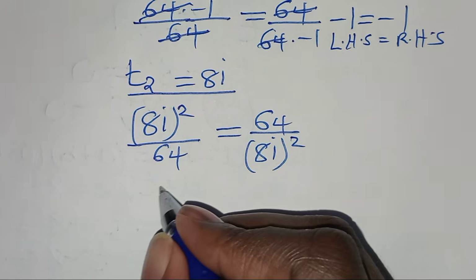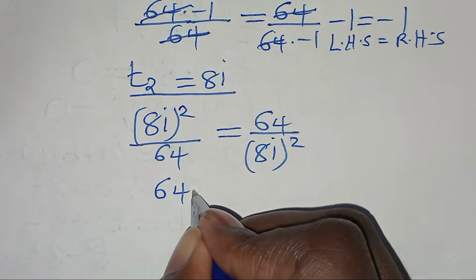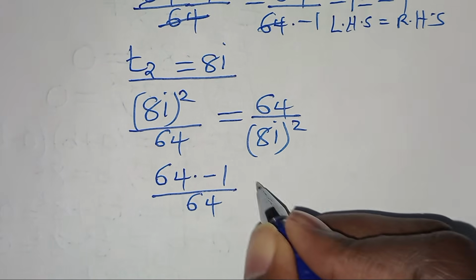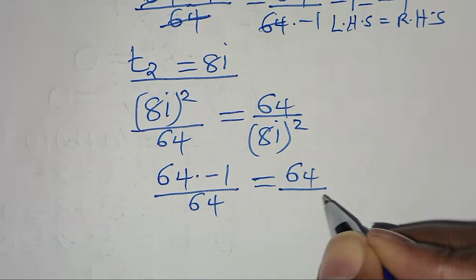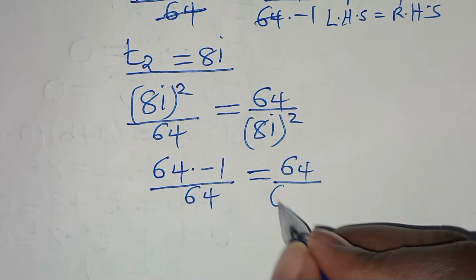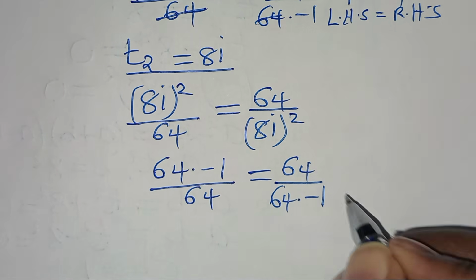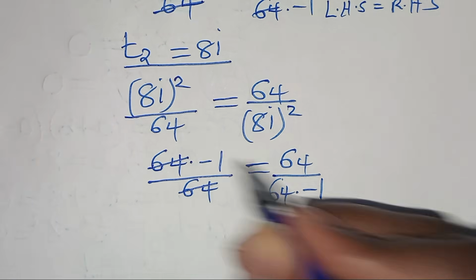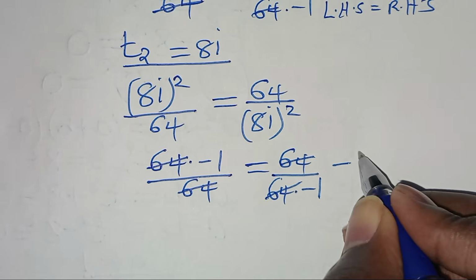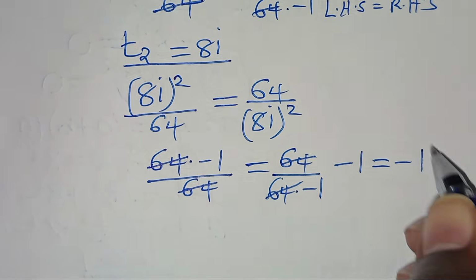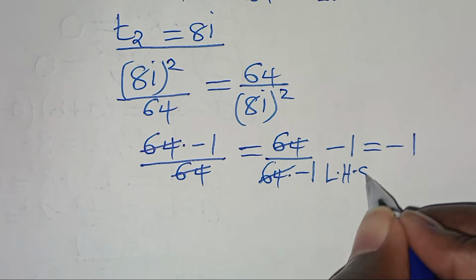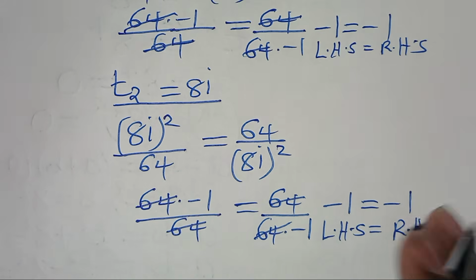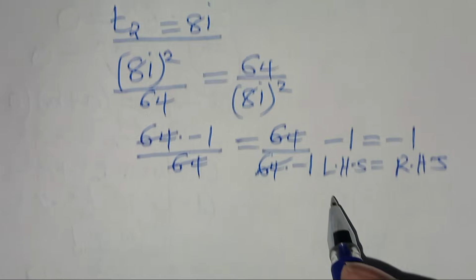So 8i squared is the same thing as 64 times i squared, which is negative 1, divided by 64, equal to 64 divided by 8 squared, which is 64, times i squared, which is minus 1. From here, we can simplify again, so that now we have minus 1 is equal to minus 1. So the left hand side is equal to the right hand side, and this implies that t2 satisfies the equation.